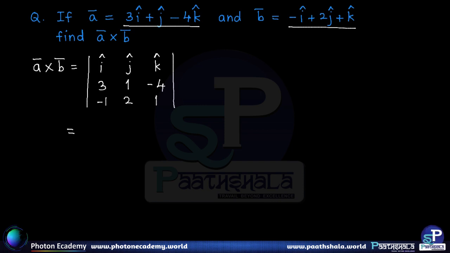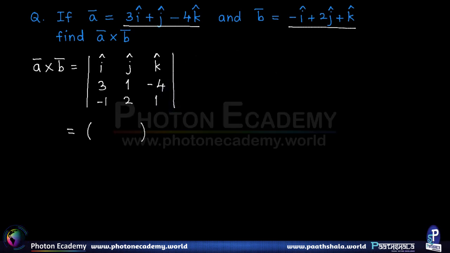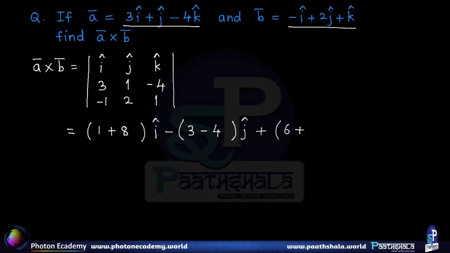So therefore in the first case we have 1 plus 8 times i cap minus, in the second we have 3 minus 4 j cap, plus in the third we have 6 plus 1 times k cap. So that turns out to be 9 i cap plus j cap plus 7 k cap. So that's the required vector product.